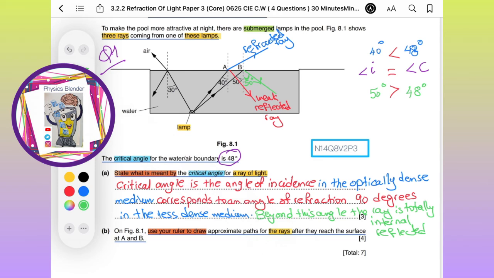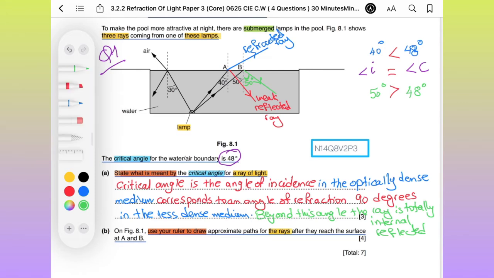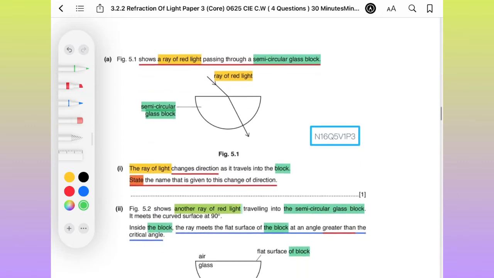Okay, so this will be the answer for question 1. On the figure, you will draw the path of the light rays when they reach the surface at point A and at point B. Is it clear? Okay, let's move to question 2.